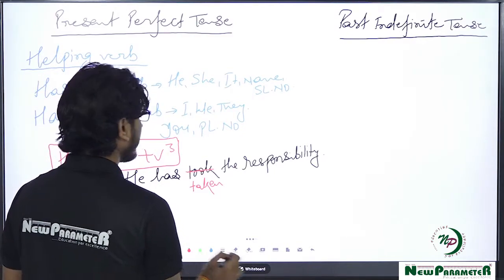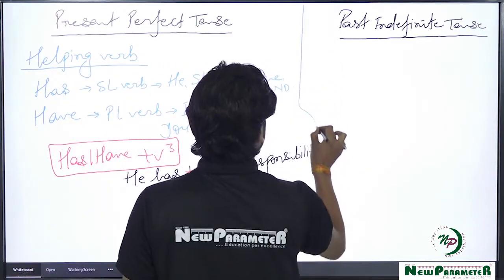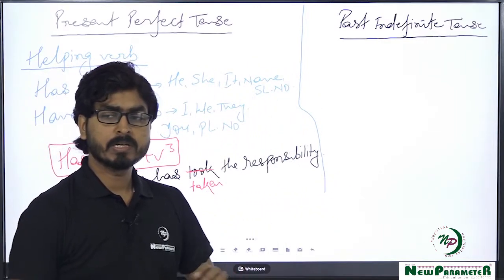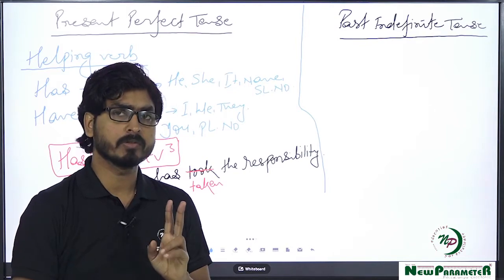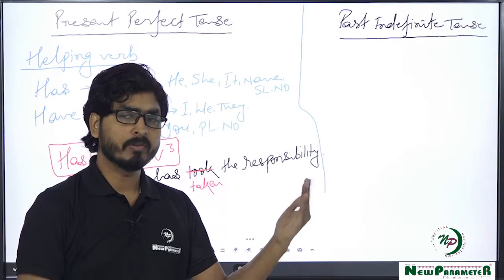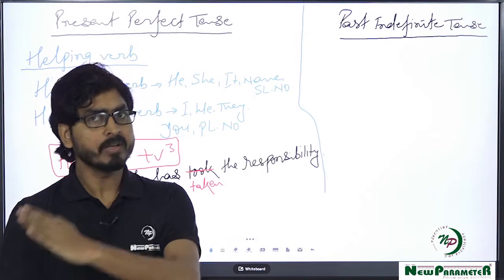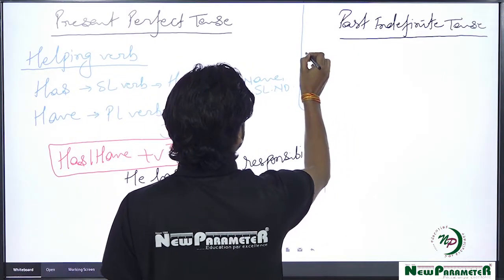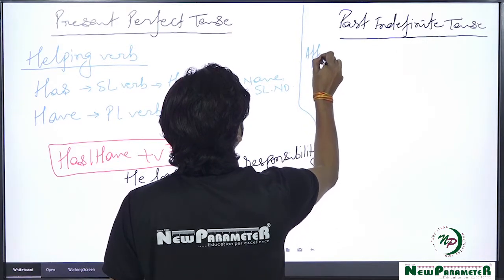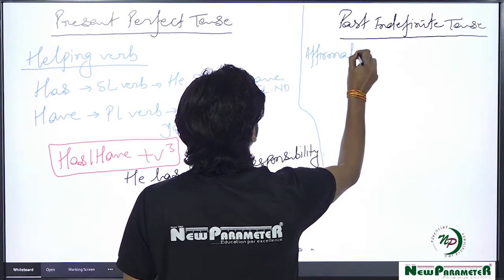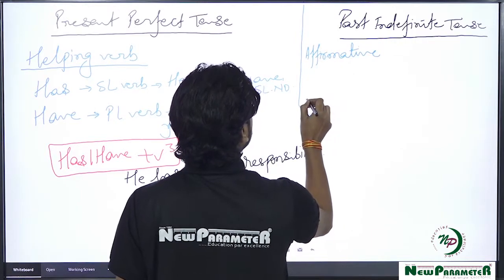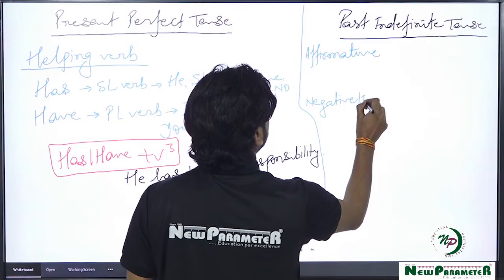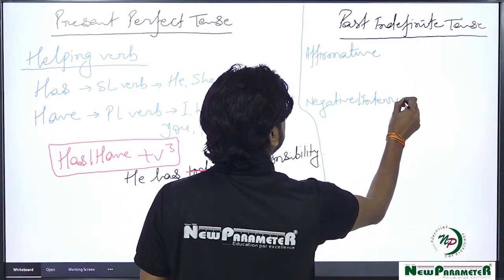Now move to past indefinite tense. Like present indefinite tense, where we had two categories of sentences, affirmative, and negative and interrogative, similarly, it also has two categories, affirmative and the second one, negative and interrogative.